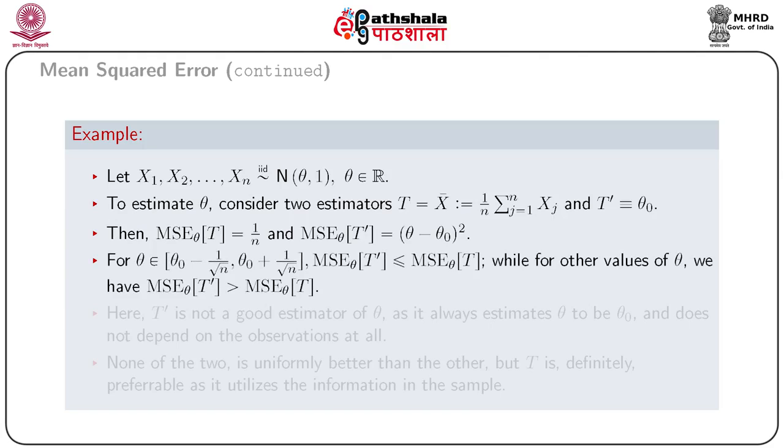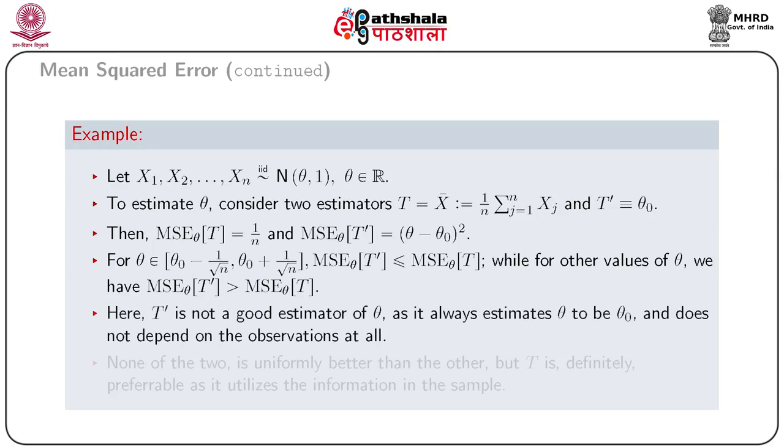Now, for values of theta belonging to the interval theta naught minus 1 by root n to theta naught plus 1 by root n, the MSE of the estimator T dash is less than the MSE of the estimator T. But for other values of theta, MSE of T dash is greater than MSE of T. Here, T dash is a freak estimator of theta, since it always estimates theta to be theta naught, and it does not depend on the observations.